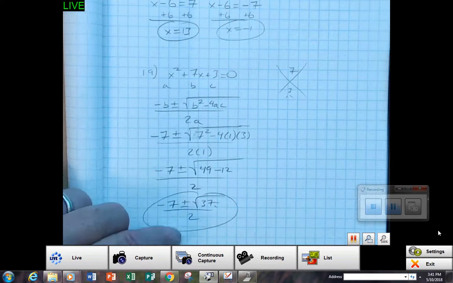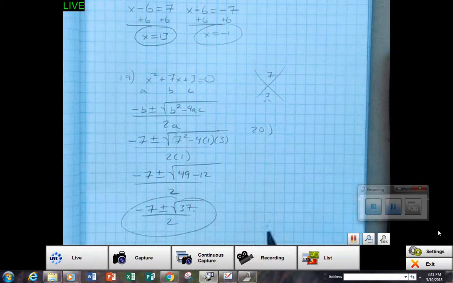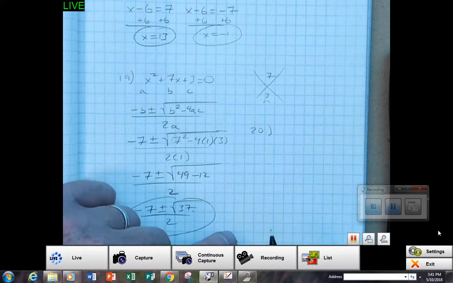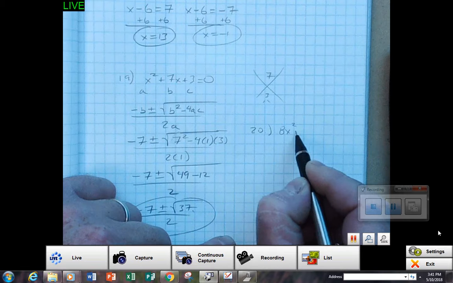Alright, 20. 20 has you use the quadratic formula again, but it's one of those ones you've got to watch out for, so I'll show you.